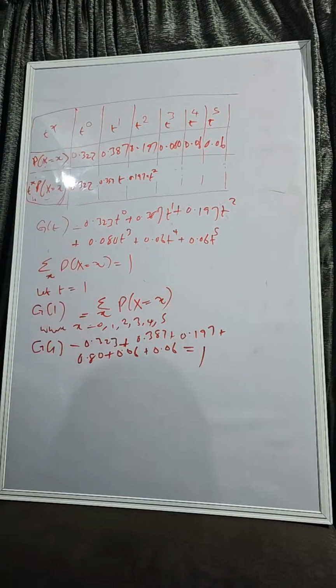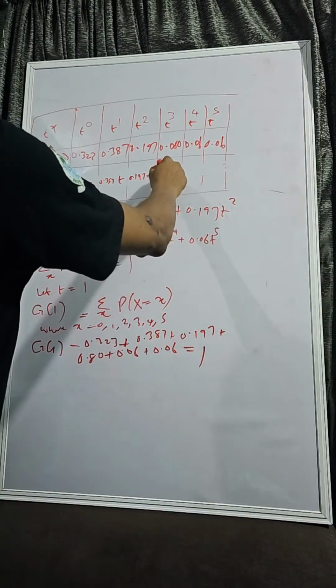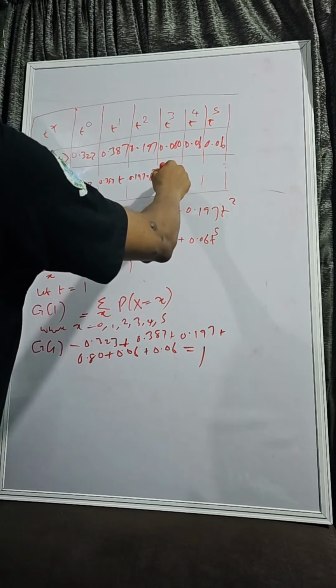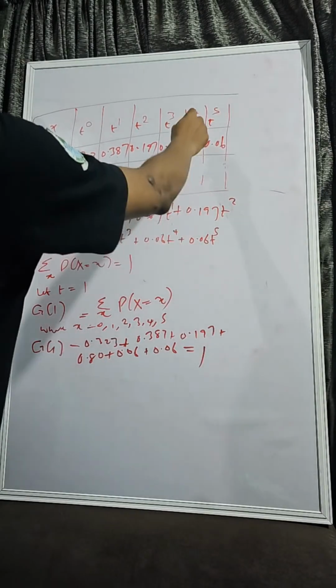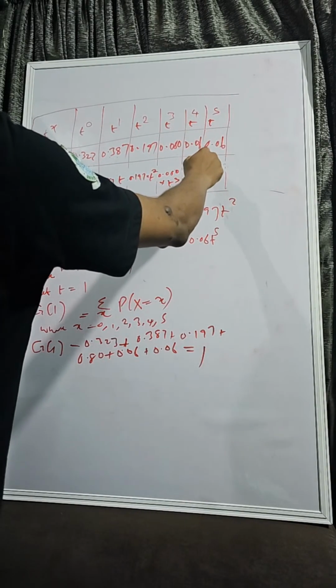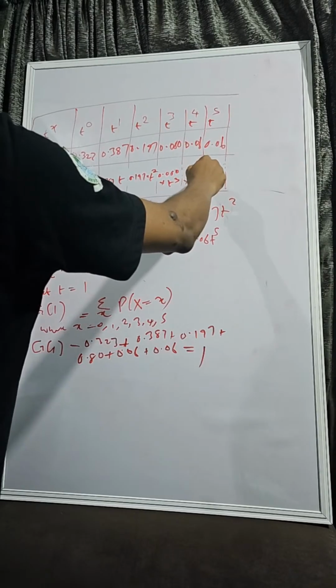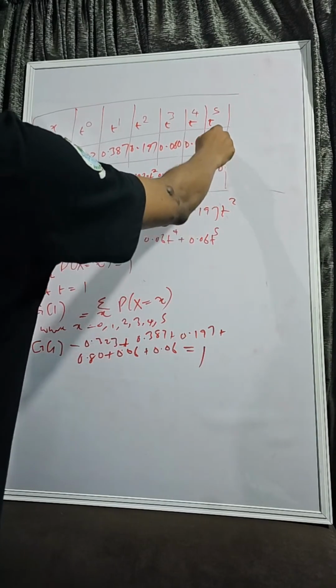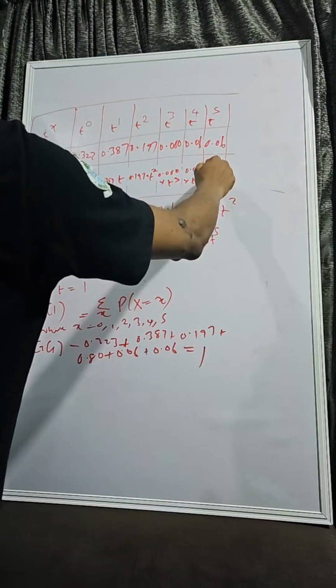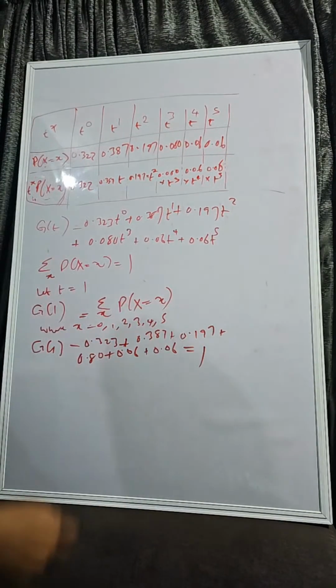T raised by 3 times 0.080 will give you 0.080 times T raised by 3. Same with this, 0.06 times T raised by 4 and 0.06 times T raised by 5.